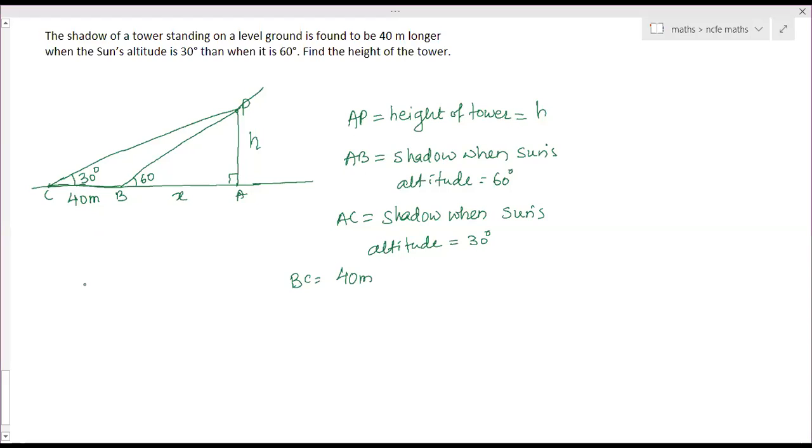Any idea? Meghna, are you there? Yes, ma'am. How to calculate? Now I have drawn two triangles. So can you tell me the solution?